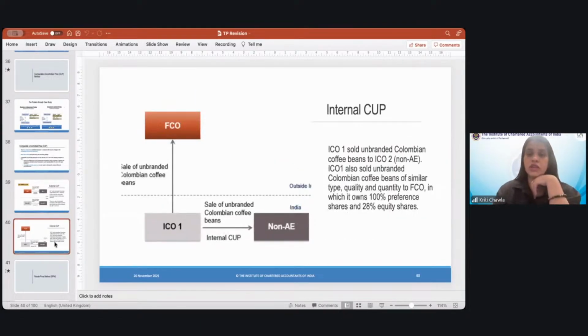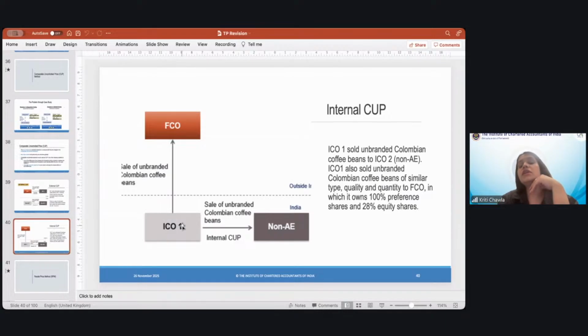Then there is also something called internal CUP. Internal CUP basically means that there is ICO 1, and this ICO 1 is selling unbranded Colombian coffee beans to FCO, and they are related to each other. So we need to ascertain whether this transaction is at ALP or not. How do we do that?